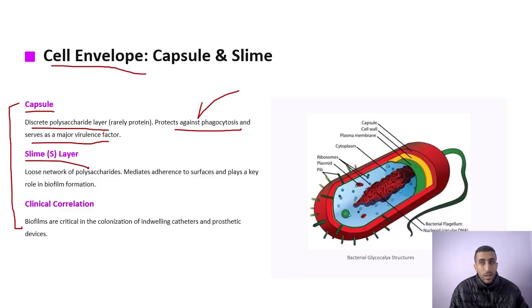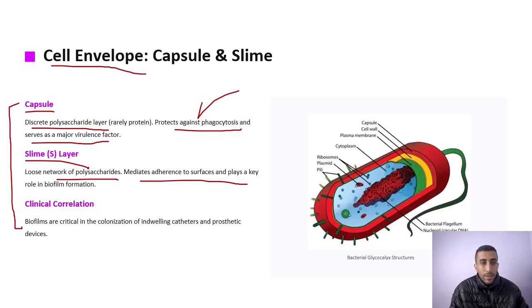Next is the slime S layer. You may think of it as a continuation of the capsule because it is also formed from polysaccharides, and like the sugar is sticky, for example the candy, you can memorize it this way because it mediates adherence to surfaces, and this adherence is also a virulence factor.